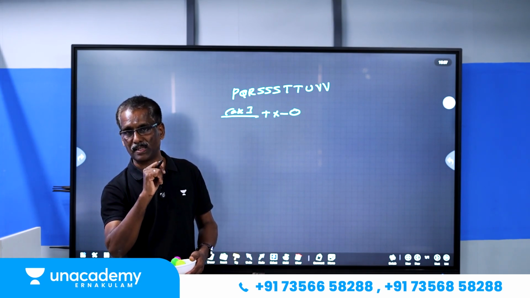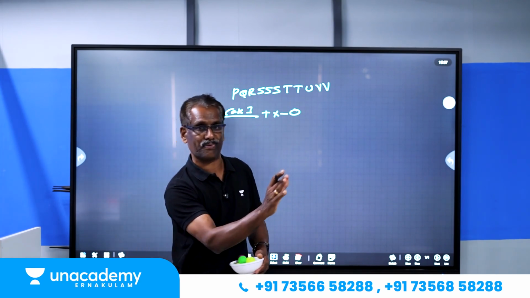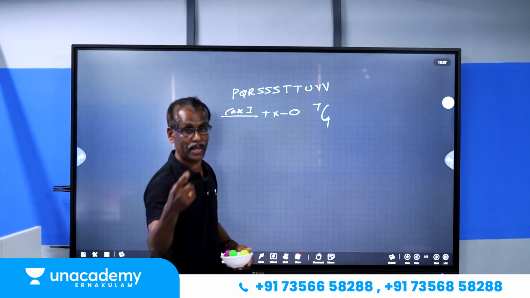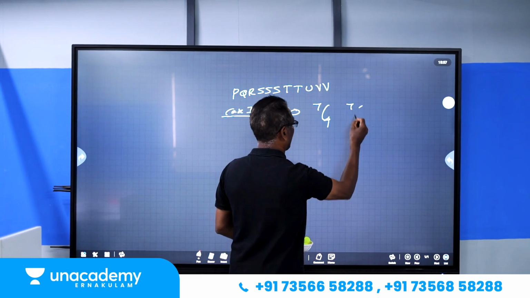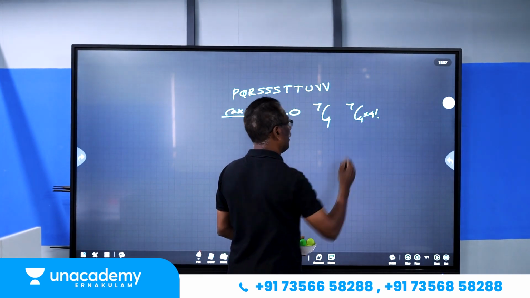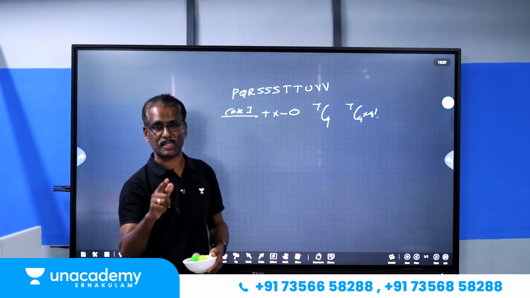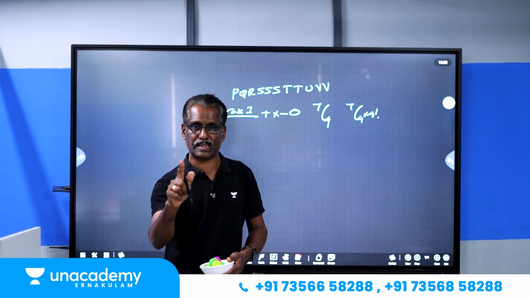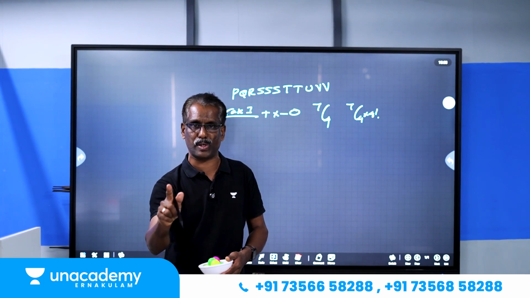Okay, what is the answer? 7C4 into 4 factorial. So 7C4 is the selection, then permuted. What is 7C4? 7C4 is 7C3, which is 7 into 6 into 5 by 3 into 2 into 1.